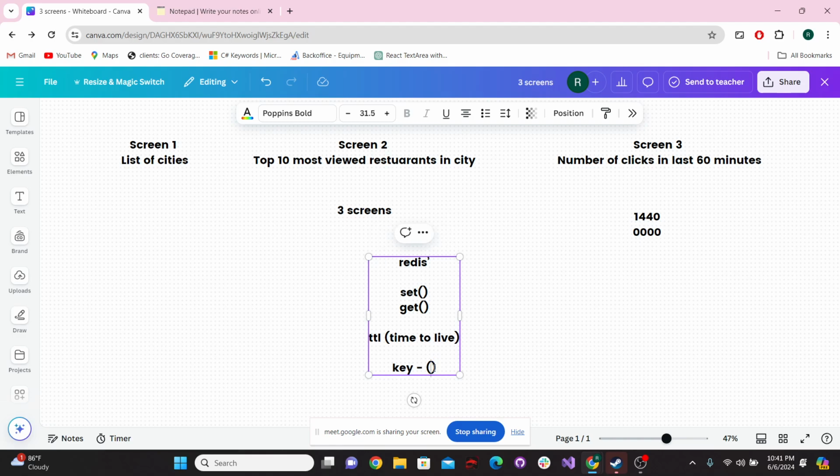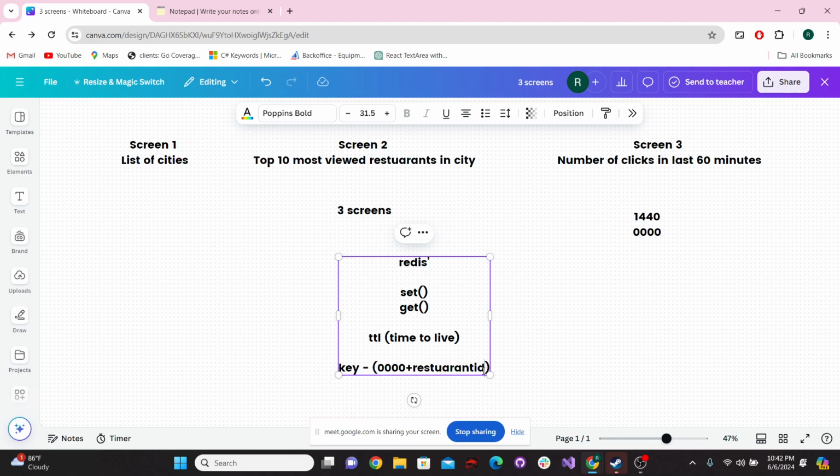So 0000 plus restaurant ID, not name, restaurant ID, right? So every time someone clicks, this key, at let's say 0000 of the day, and this is the restaurant ID, so this is a key.